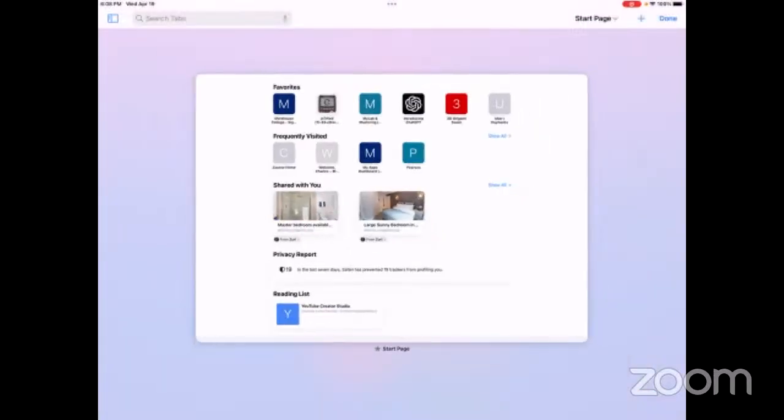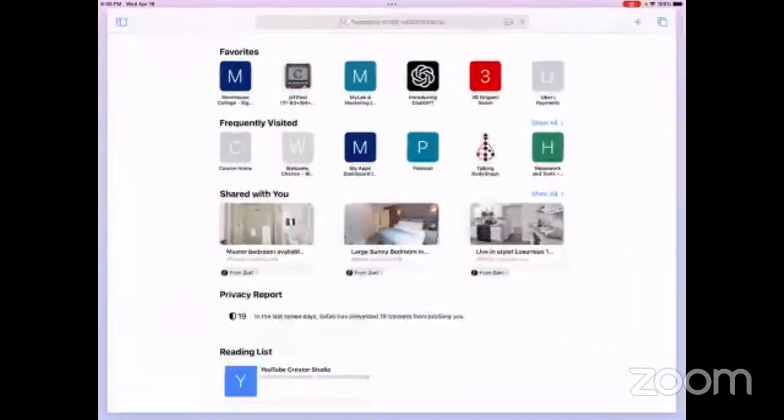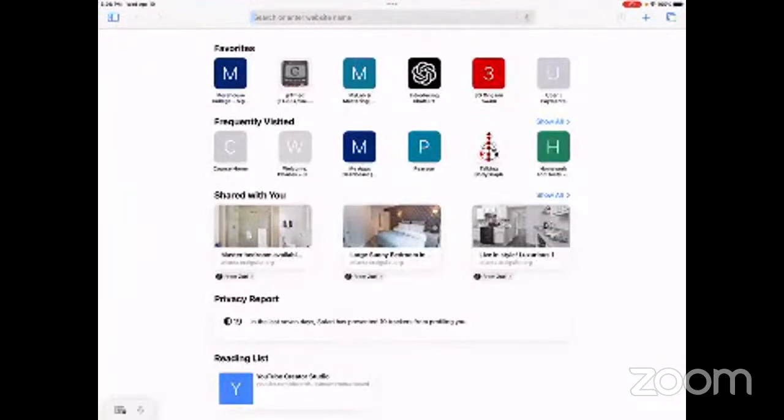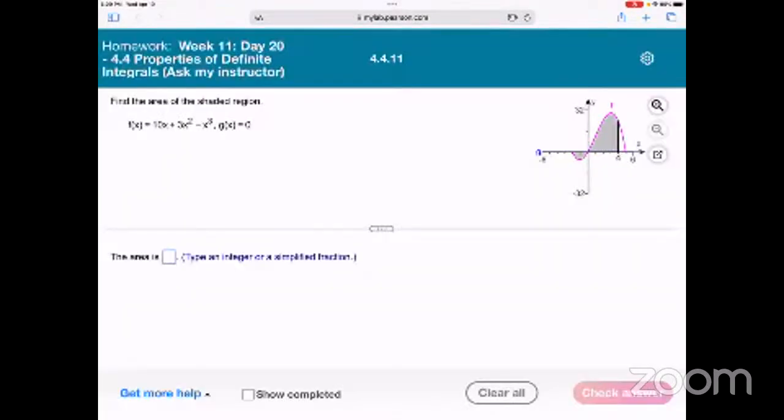I gotta reload that again. It's this one. Perfect. Share. Okay, so it looks like my screen is sharing properly. So I'm going to move forward.